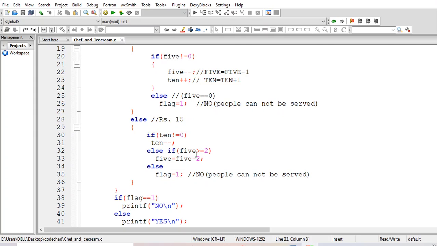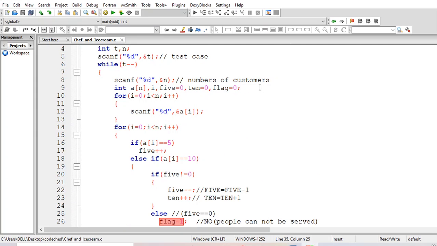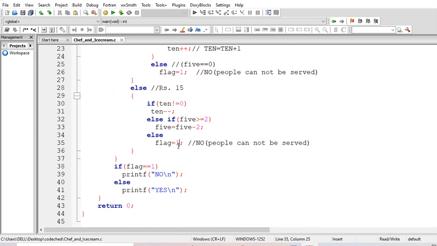If this is true, then the count of 5 rupees coins will be minus 2 because he has to give 2 five-rupee coins to the customer. Else, if he does not have enough 10 or 5 rupees coins, in that case again I make the flag equal to 1. It was 0 and now it will be 1.